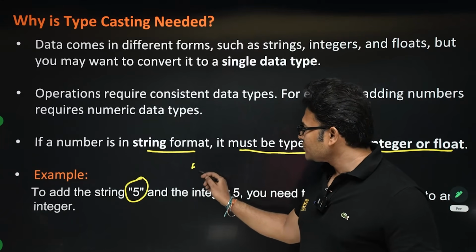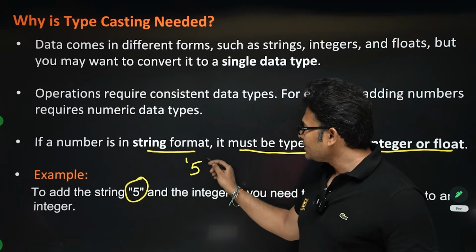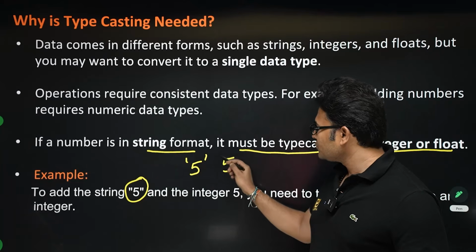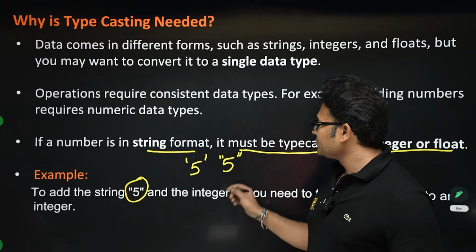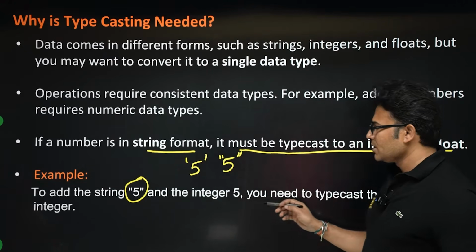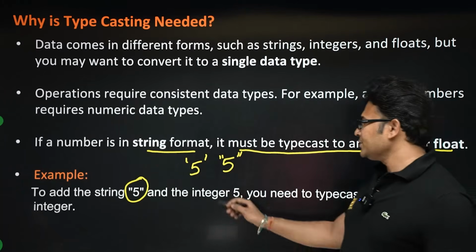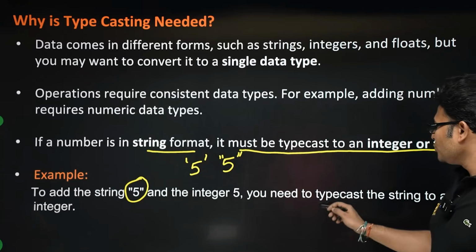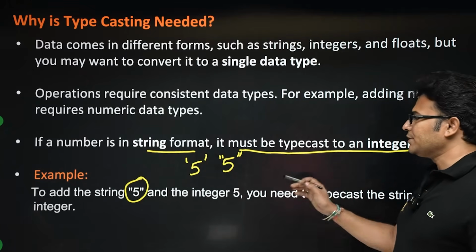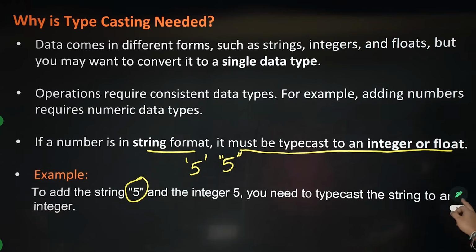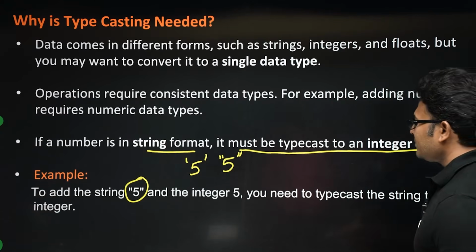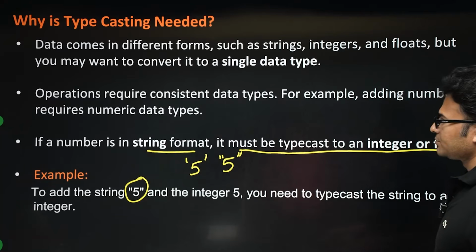See, when you write 5 with quotes like this, either single or double quotes, then that is a string. Now you need to typecast this string to an integer.